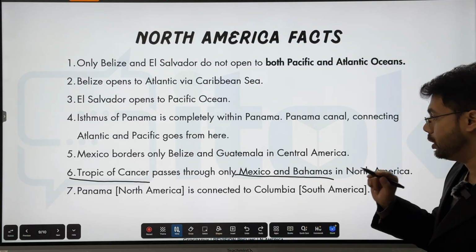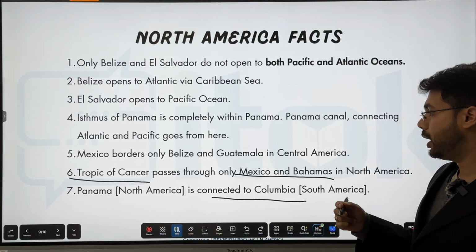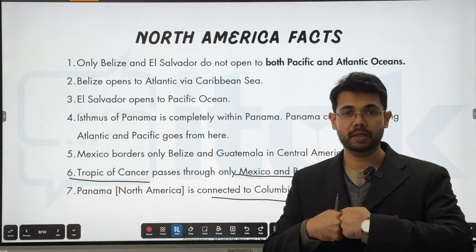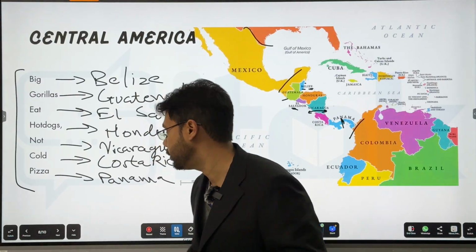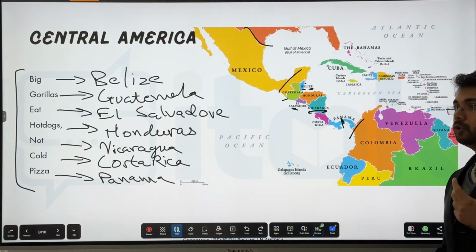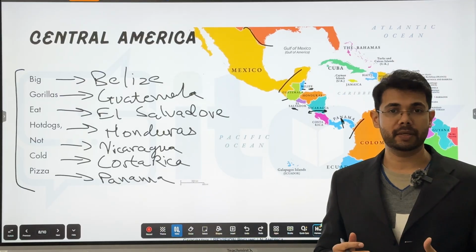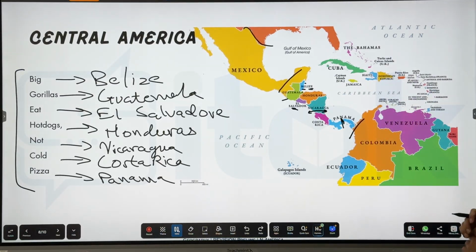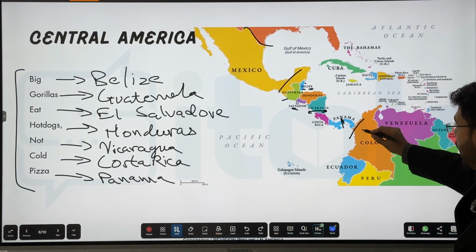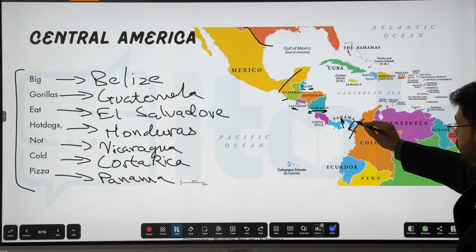And Panama of North America connects to Colombia of South America. So Colombia and Panama, they form the actual boundary between North and South America. There is a small part of a jungle over here. You must have heard of the donkey route, the route from where a lot of illegal immigrants get into the United States and Canada. The path which they take is usually from South America and they enter through Panama over here. But there is a small piece of uninhabited jungle present here.